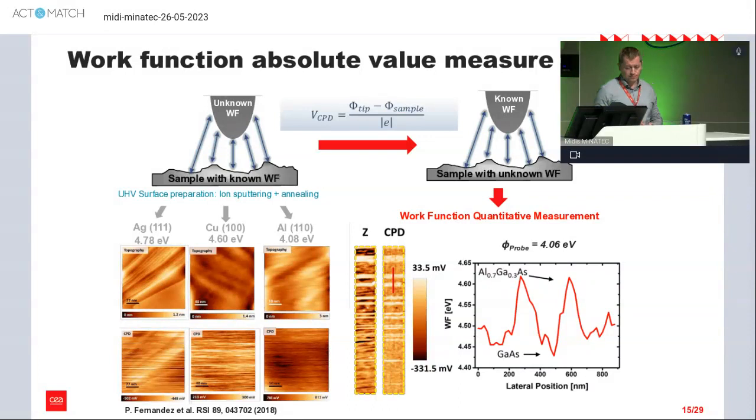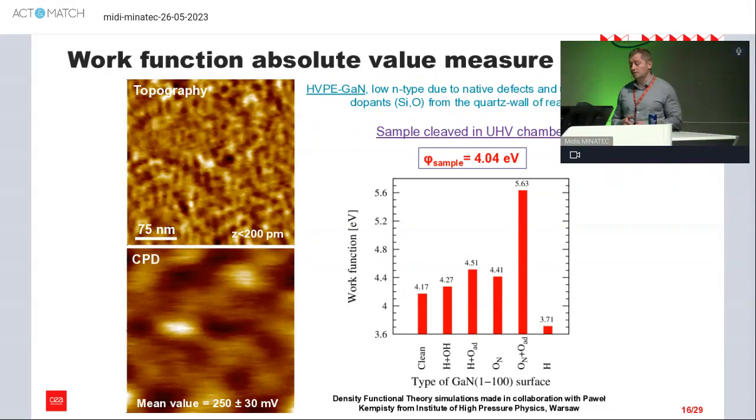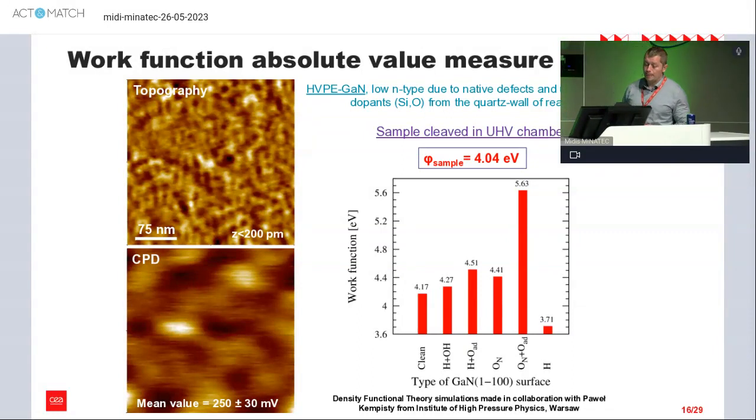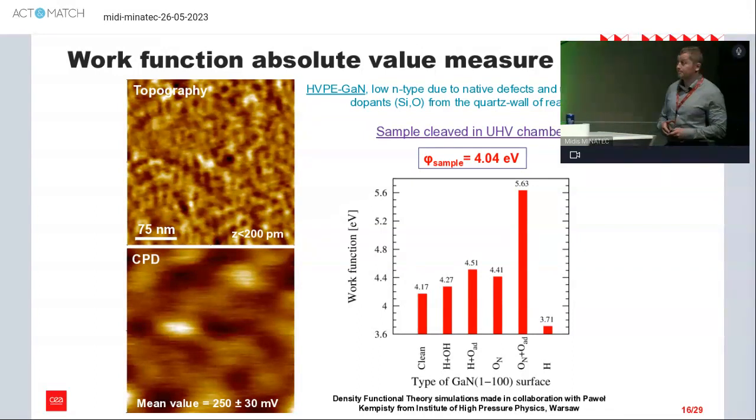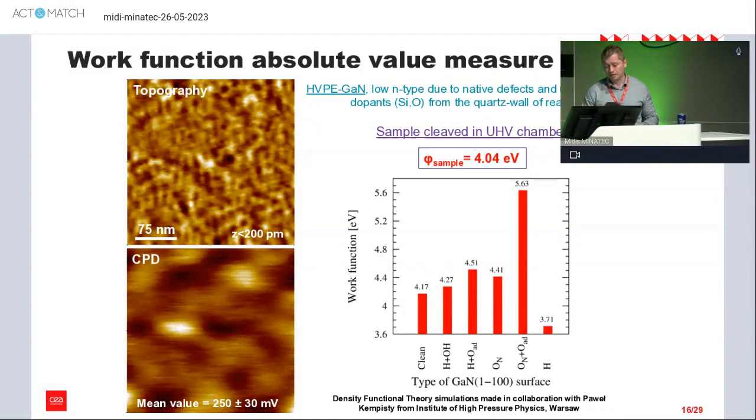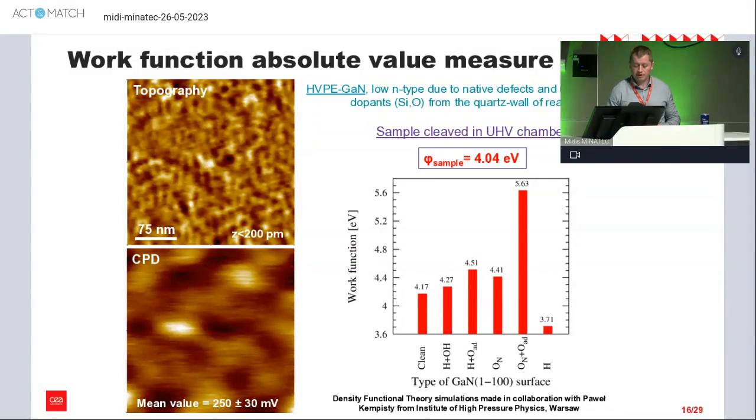So why are we doing this? From these absolute work function measurements, sometimes it's possible to compare with simulations and have access to the surface states. So here is also the example on gallium nitride. So we have topography and contact potential difference, from which we deduce the work function of the sample, and we compare this value to atomistic simulation by density functional theory, where we simulate different cases of surface states listed here and clean sample.